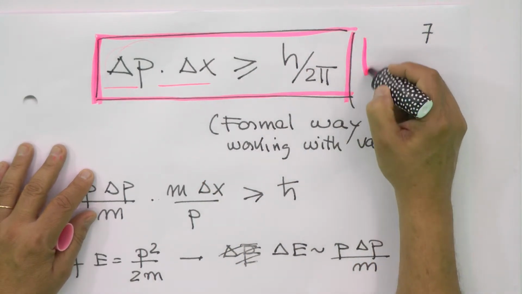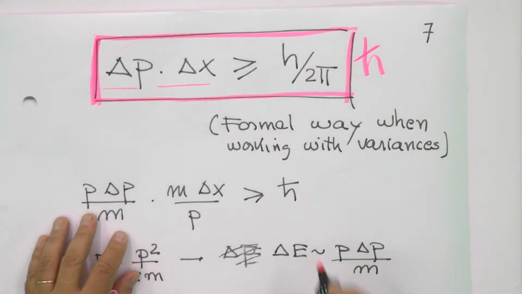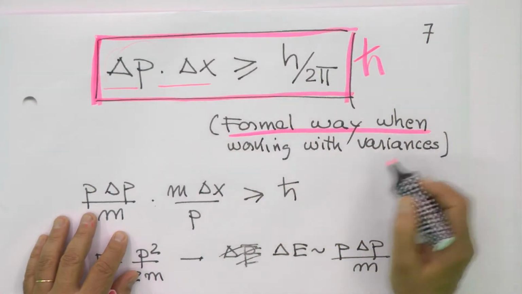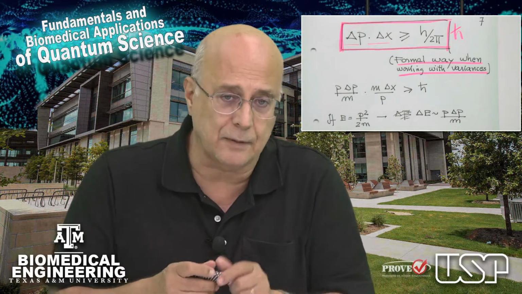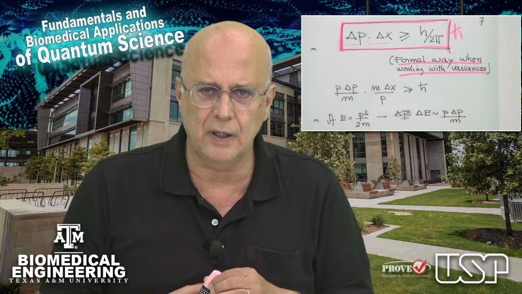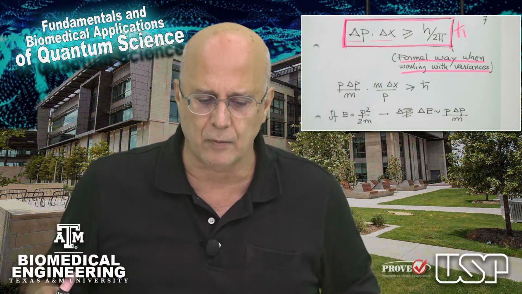H divided by 2 pi is normally what we call h bar. And that's the formal way. We're not going to do that because I'm trying to explain to you as much as I can without being too formal.